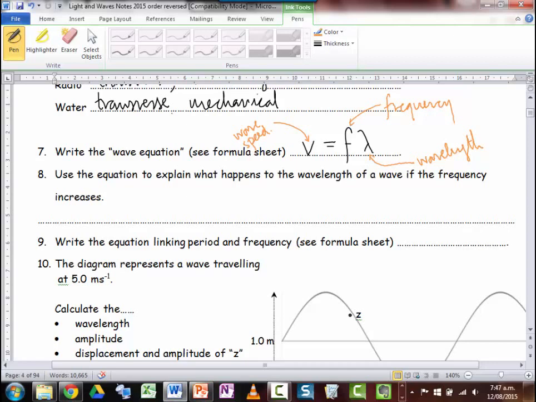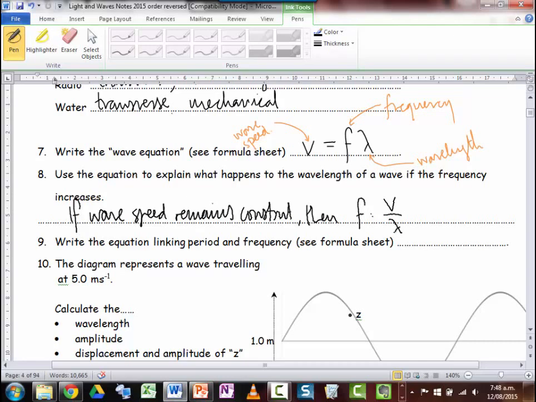Use the equation to explain what happens to the wavelength of a wave as the frequency increases. Okay, so let me go back to black. If the wave speed remains constant, then f is equal to v over lambda.